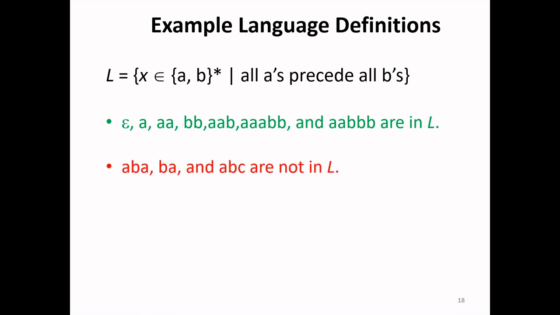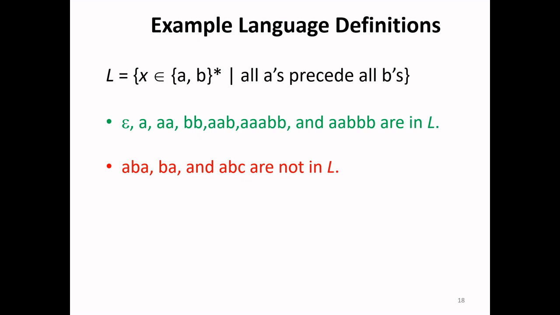Consider some more strings: ABA, BA and ABC. Do they belong to this language? No. Why? In ABA, this A is preceded by B, but this A is not preceded by B. Hence, this string does not belong to this particular language. Similarly, BA, this A is not preceded by B. So, this string does not belong to this language.